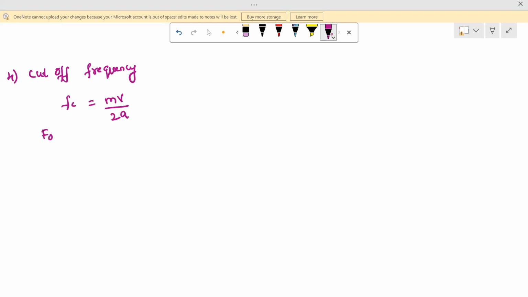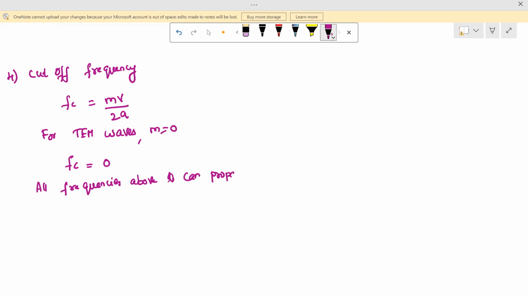Now for TEM waves, we know that m is equal to 0. Therefore, FC is equal to 0. So we can say all frequencies above 0 can propagate along the guide.